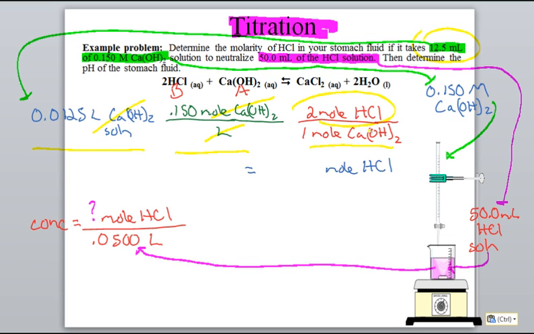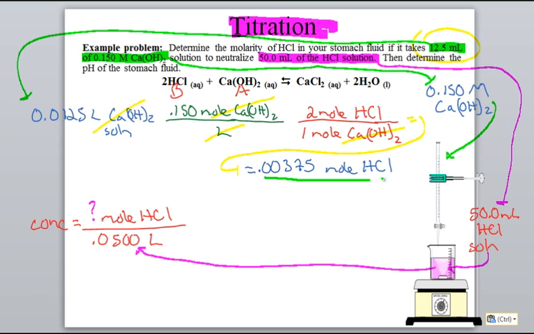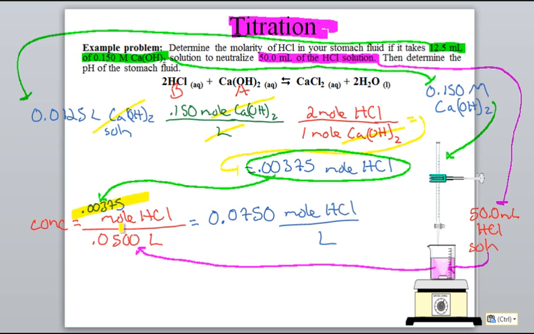Moles of calcium hydroxide cancels with moles of calcium hydroxide. And we can get the moles of HCl. And that equals 0.00375 moles of HCl. We can then take that number and plug it into our concentration proportion, divide that out, and that'll give us molarity. 0.00375 divided by 0.05, that equals 0.0750 moles of HCl per liter of solution.